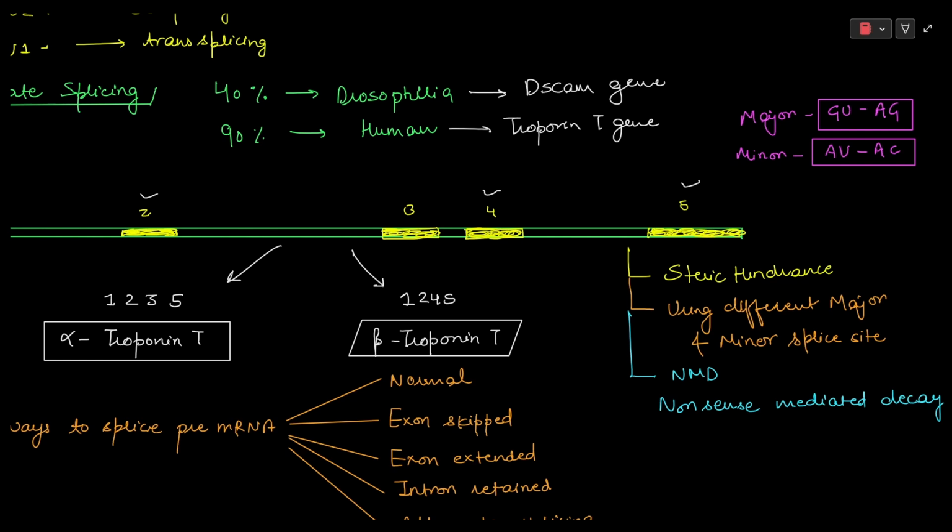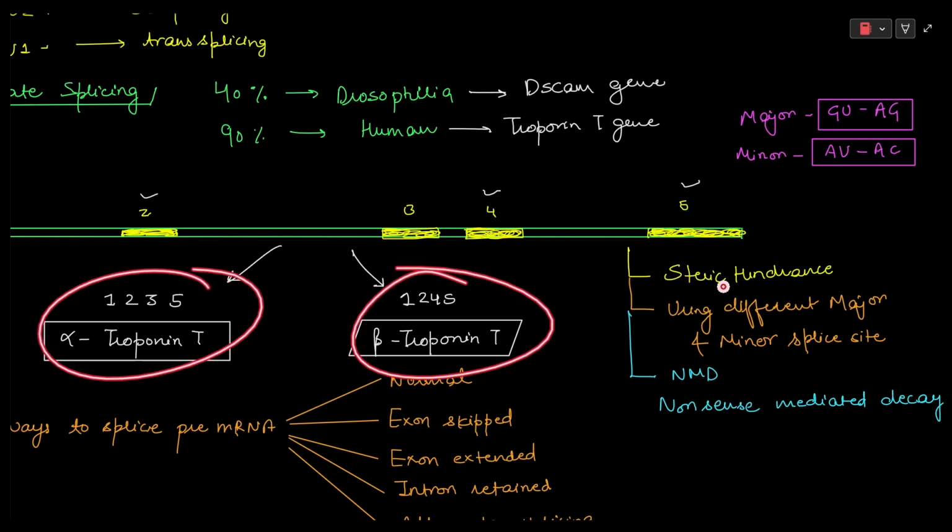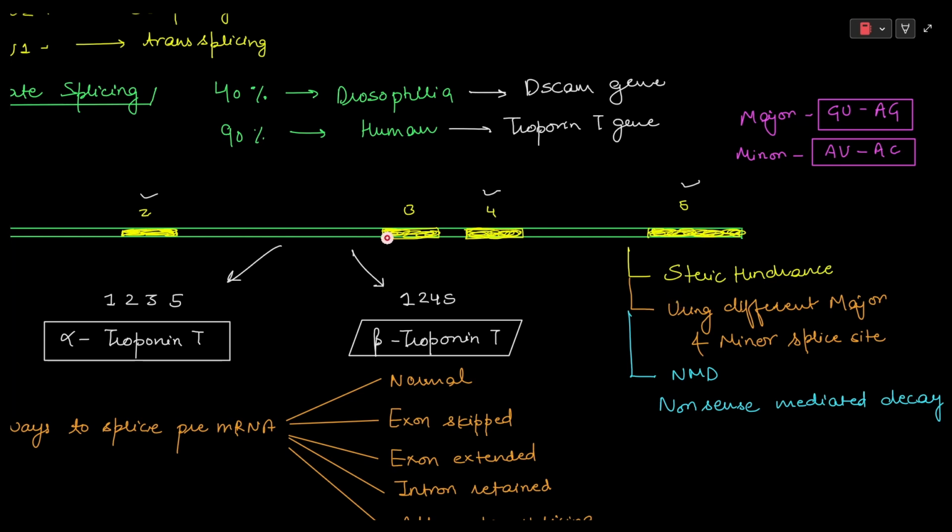So imagine that in this scenario, both of these are formed by the same major spliceosome, because sometimes it will recognize this site, and sometimes the spliceosome will recognize exon 4. So sometimes you will get 50% of this one, and 50% of this one.